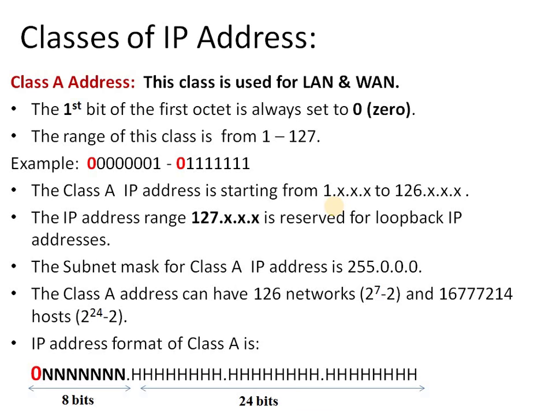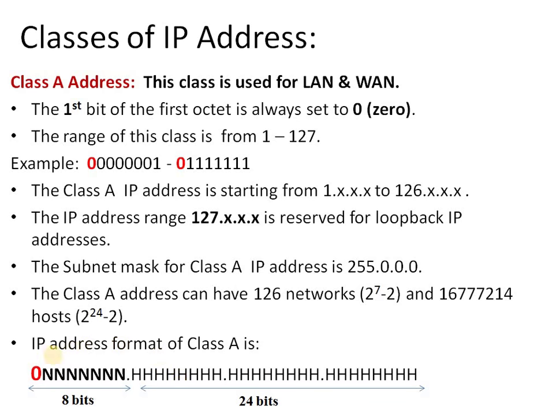The whole IP address is divided into two parts: the network part and the host part. Here N means the network part, also called the network ID or net ID, and H means the host ID. In a class A IP address, the 32 bits are divided into 4 octets, as we have already seen in IP version 4.